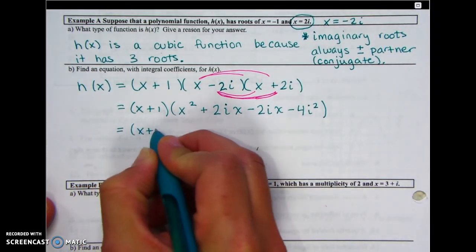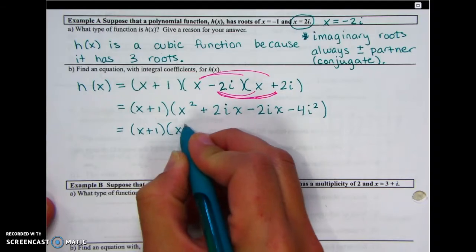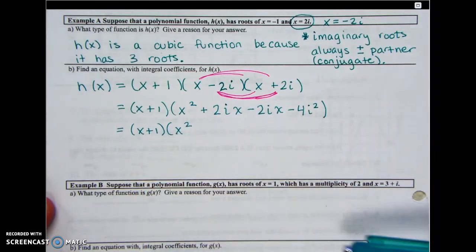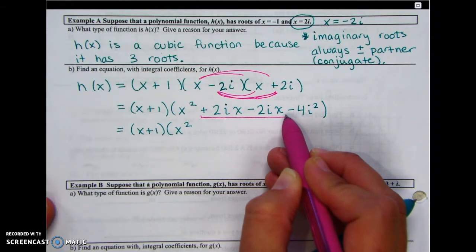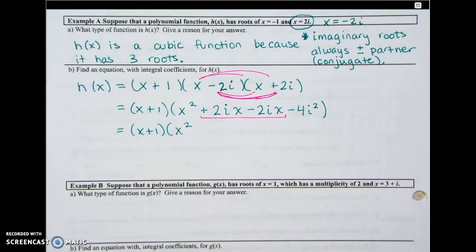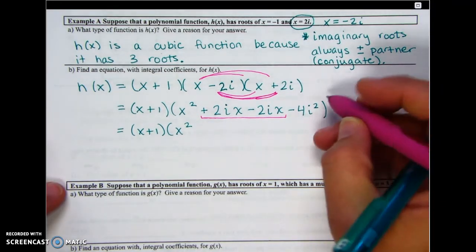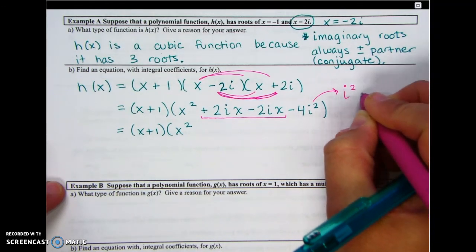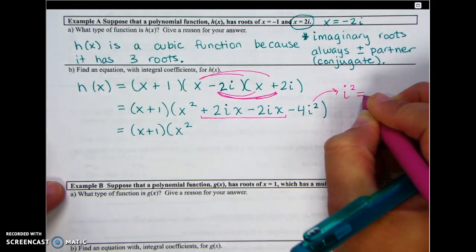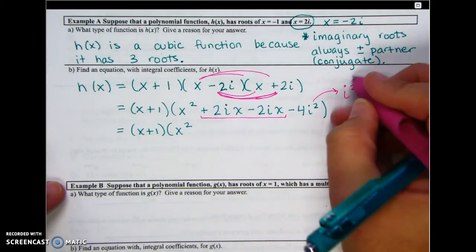All right, x plus 1, x squared. What happens to these 2 middle terms? Yeah, they cancel out. We have a positive 2ix and a negative 2ix, which is 0. Now, every time, you need to remember this, every time you see an i squared will always equal... Do you know?